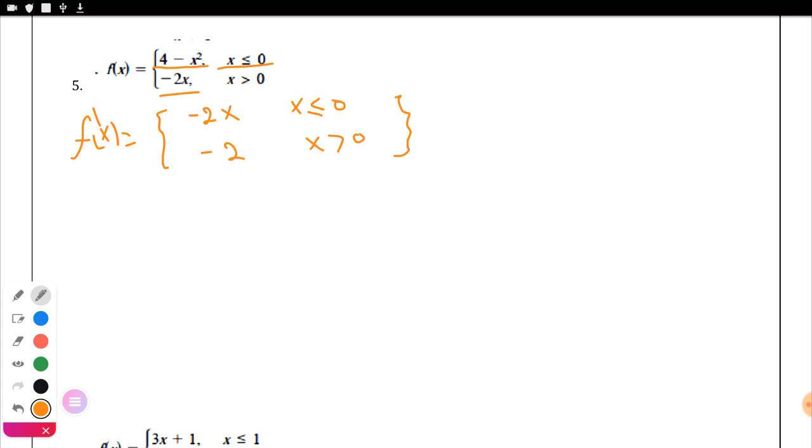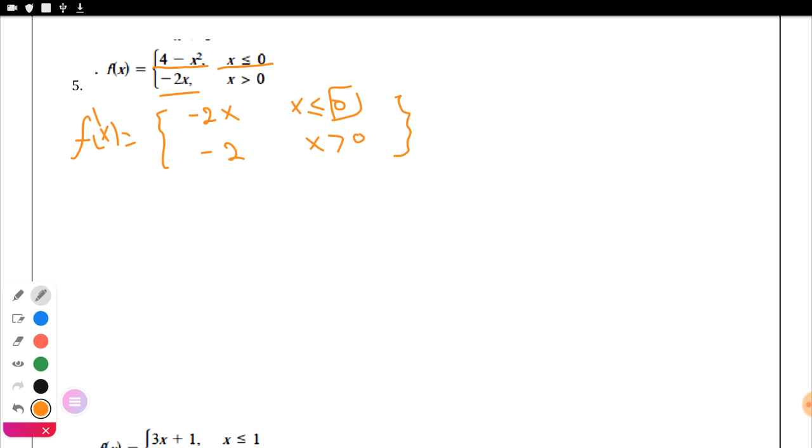Here I have to know whether the derivative exists or does not exist at the value of x at which we have two different rules, a rule before it and a rule after it. We have to know whether the function is differentiable or not at this point.